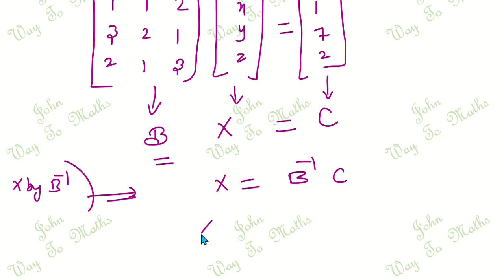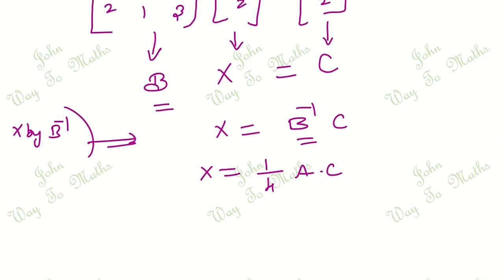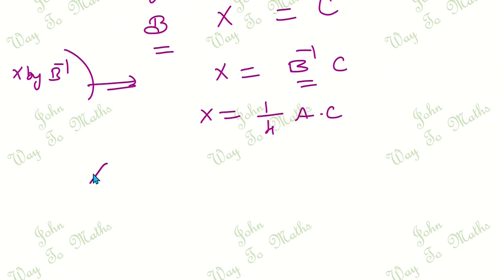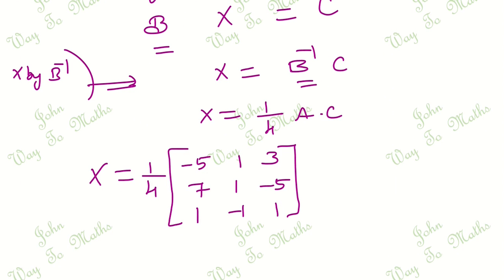Okay, now X is equal to, as we already know that condition, 1 by 4 of A into C. Now I am going to apply the condition: X is equal to 1 by 4 of the A matrix, then the C matrix.